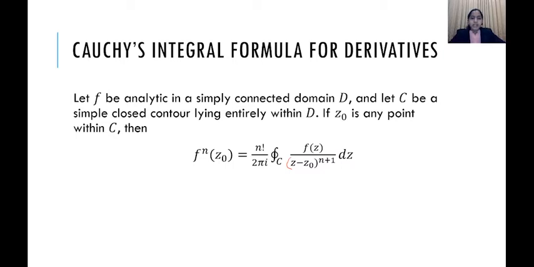So let's see how we can prove this particular theorem. We are just going to give a partial proof of this theorem. I'm not going to completely prove this. That is, we'll just prove this for the value n equal to 1. That is, we'll find f dash of z₀. So this is the partial proof of the Cauchy integral formula for derivatives, the case of n equal to 1.